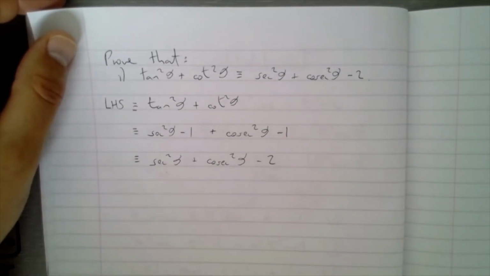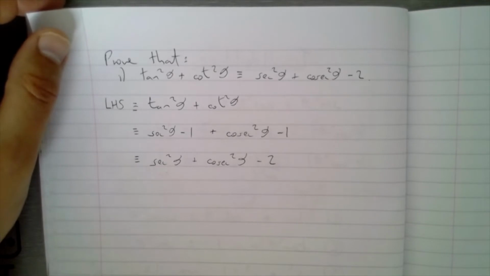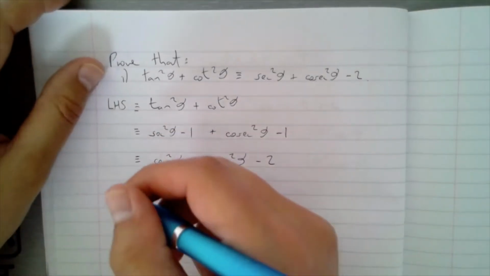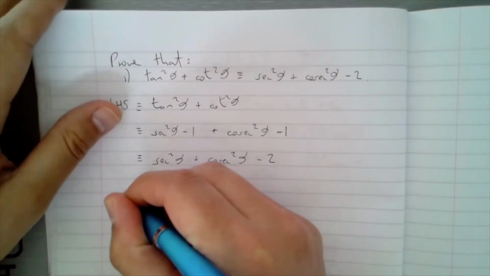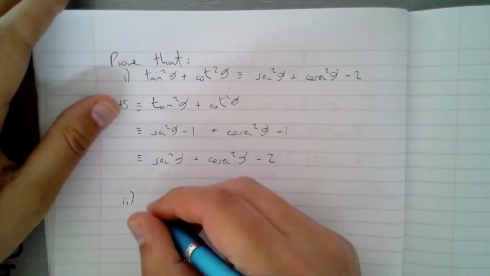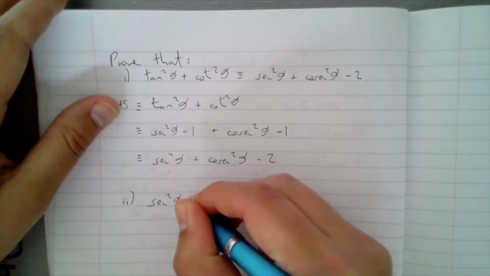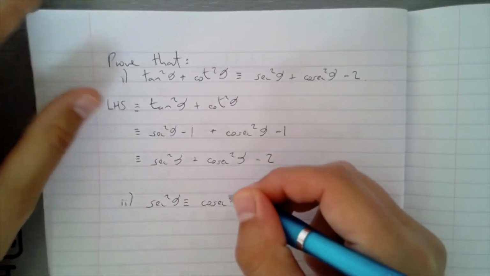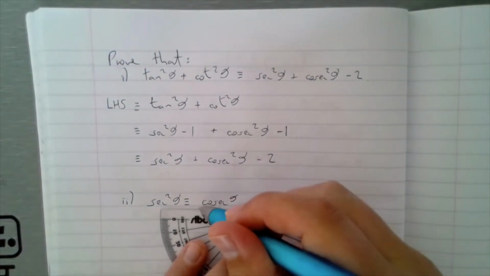Let's try another example. Prove that sec squared theta is equivalent to cosec theta over cosec theta minus sine theta.